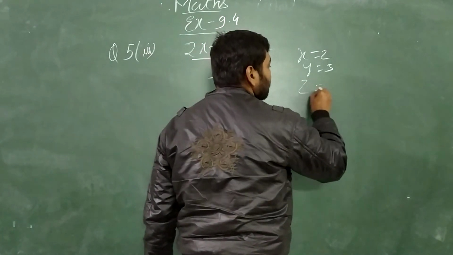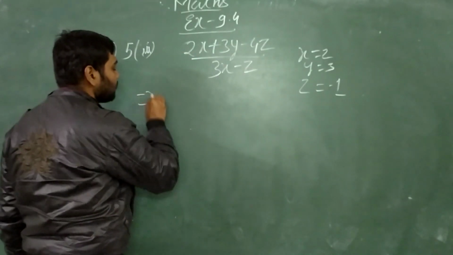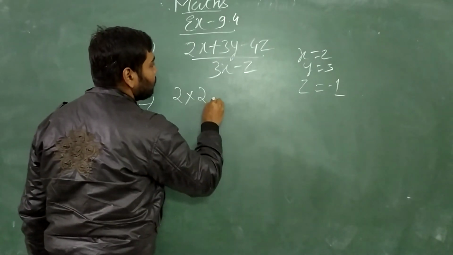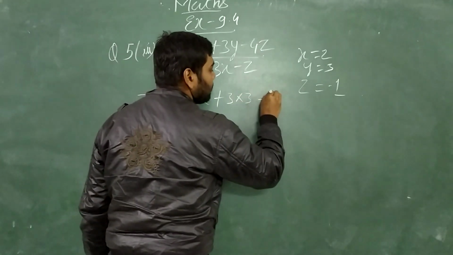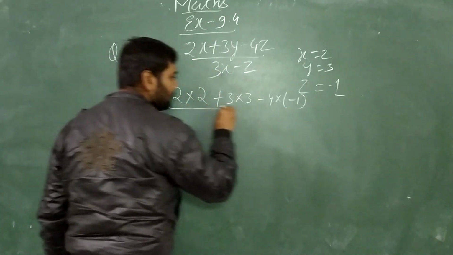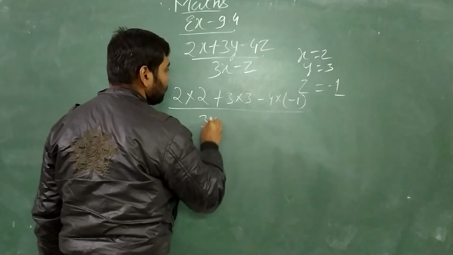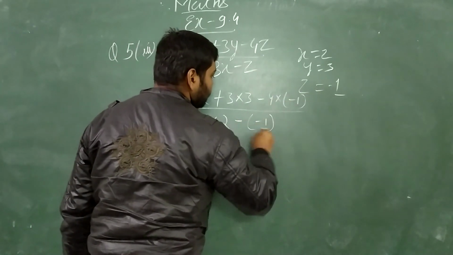So we will substitute the value in the place of x, y, z. So 2 into 2 plus 3 into 3 minus 4 into minus 1 upon 3x minus z. Then 3 into 2 minus z, that means minus 1.